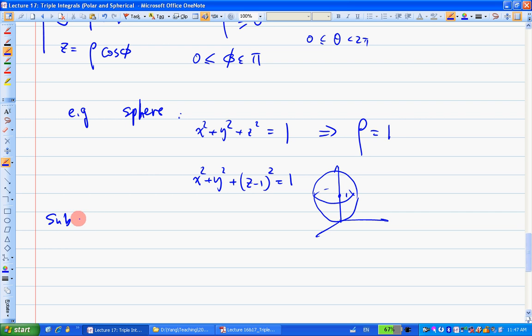So substitute x, y, z into it. What you're going to end up with is rho equal to 2 cosine phi. So one of the simple assignments is to derive the spherical coordinates equation for a sphere. For this one here, you end up with rho equal to 2 cosine phi.